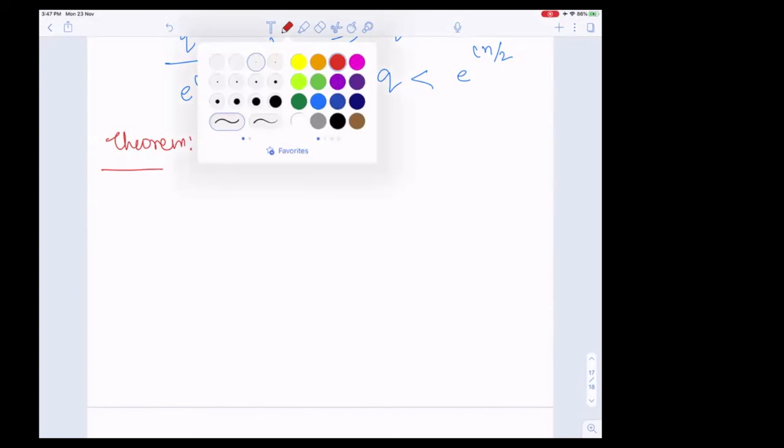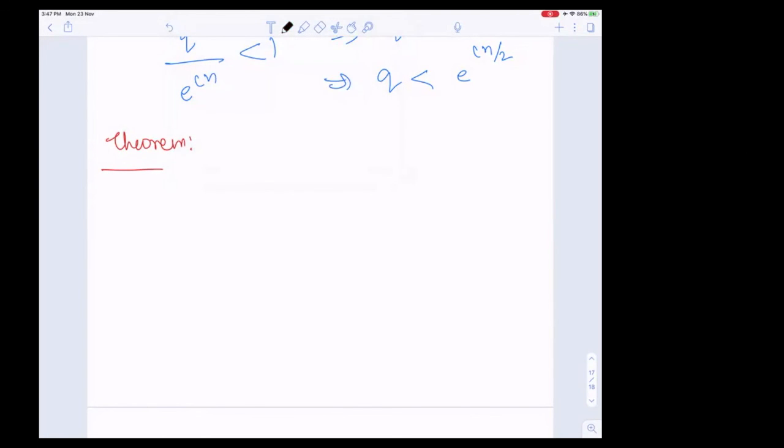This proof came actually a little bit later.